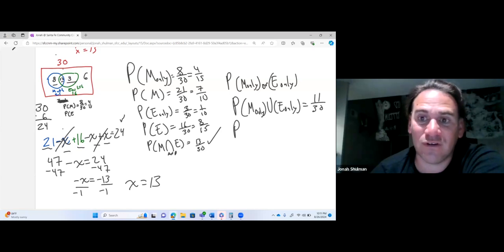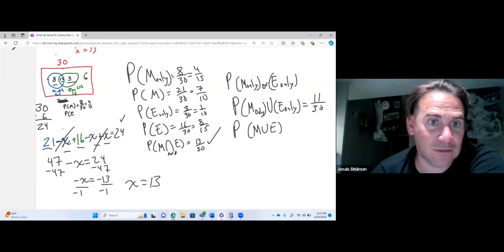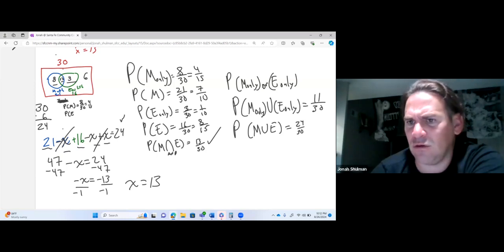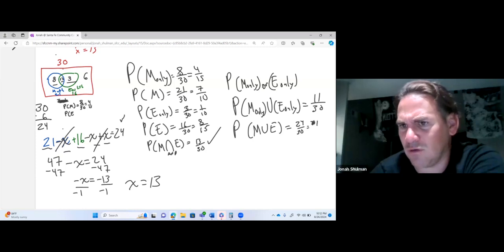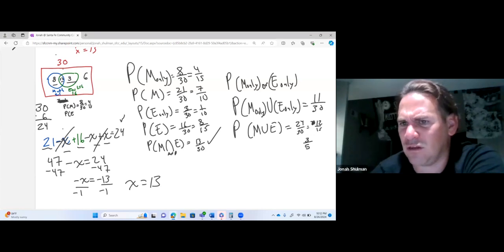The probability of neither. So this is the probability of math or English. So just math or English, that is 24. Yeah, that math or English is 24 out of 30, which is 12 out of 15, which you can go again, which is 3 out of 5, right?